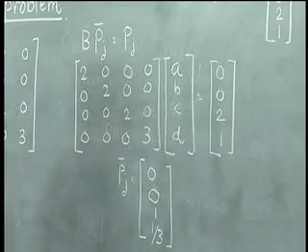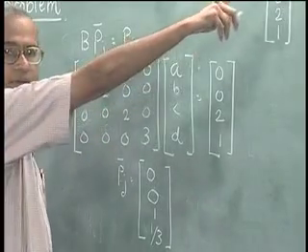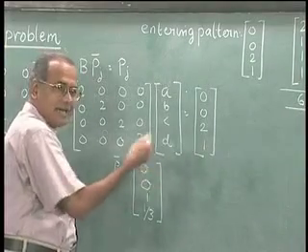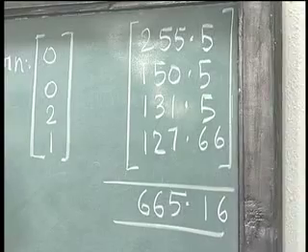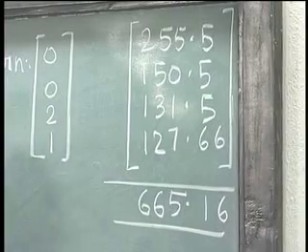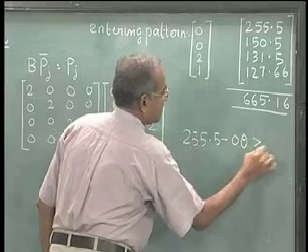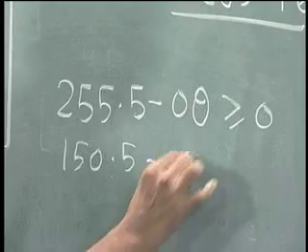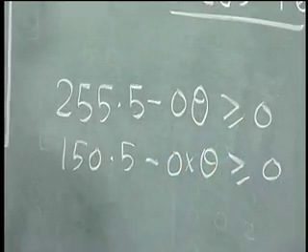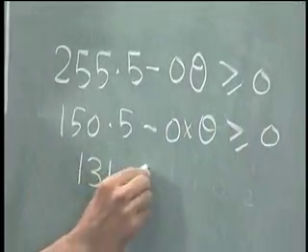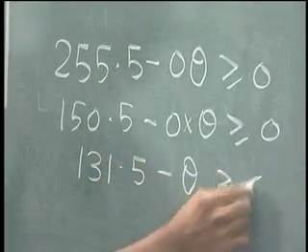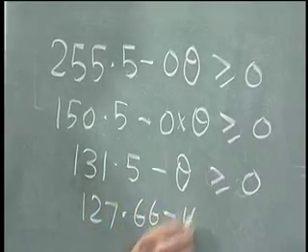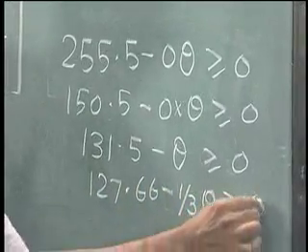So, we need to find out theta such that 255.5 minus 0 theta is greater than or equal to 0, 150.5 minus 0 theta is greater than or equal to 0, 131.5 minus theta is greater than or equal to 0, and 127.66 minus 1 by 3 theta is greater than or equal to 0.